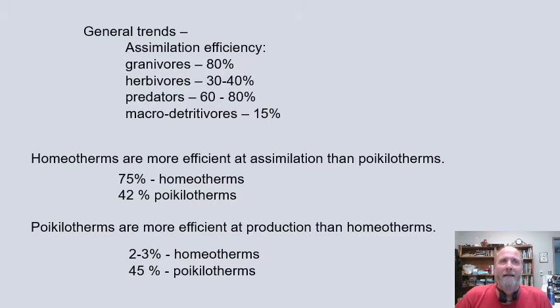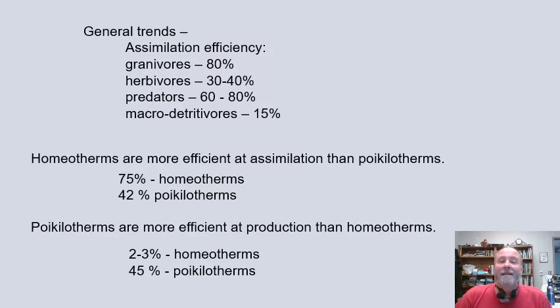And a lot of the energy that we consume, even that we assimilate, gets used for respiration to maintain that body temperature. Now, if you're cold-blooded or an ectotherm, you're not utilizing that assimilated energy in maintaining body temperature. So there's a lot more available energy for you to convert into biomass or production.